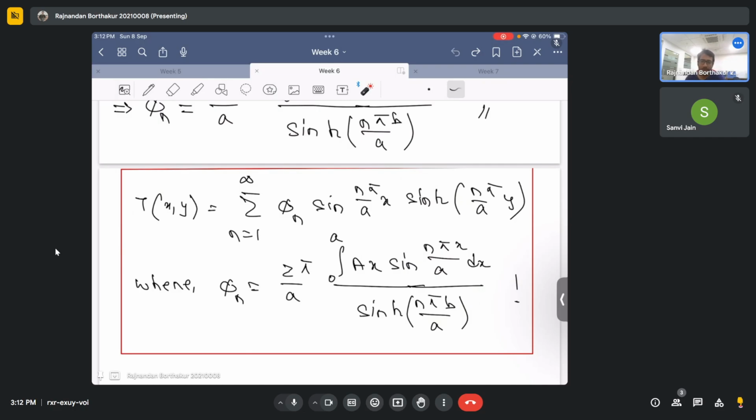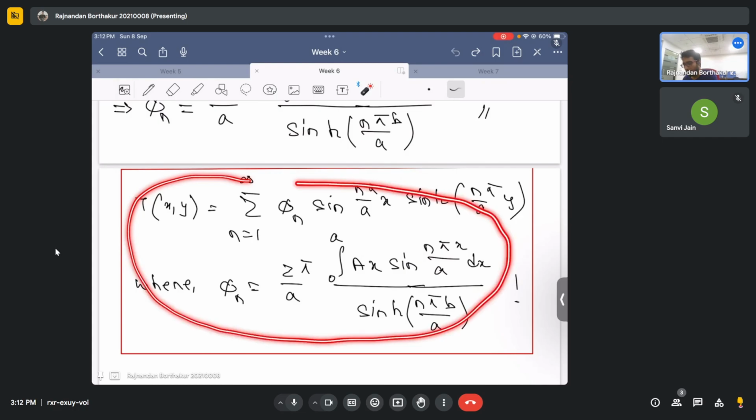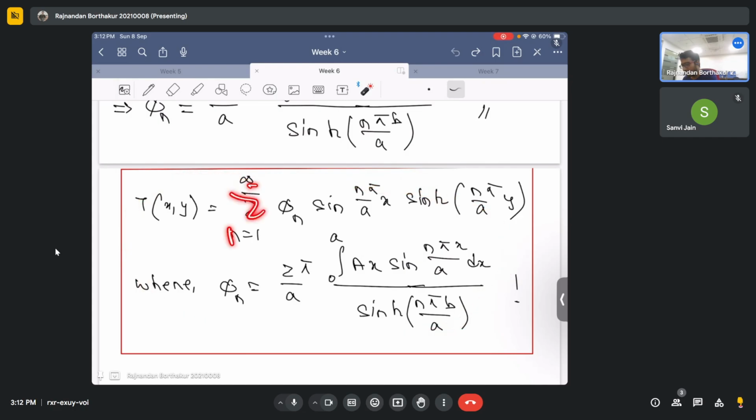You should ask that now I have an exact solution for temperature, but there is a summation sign here, right? This is a summation from 1 to infinity. So the natural question arises: how long are you going to take this summation? If I am asking you to evaluate the temperature, how many values of n are we going to calculate?